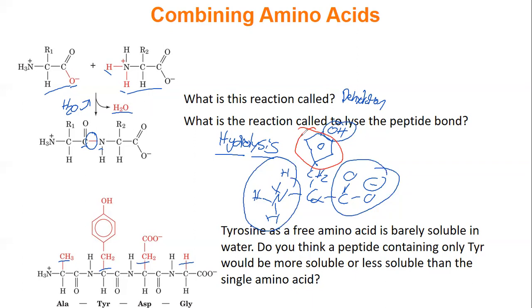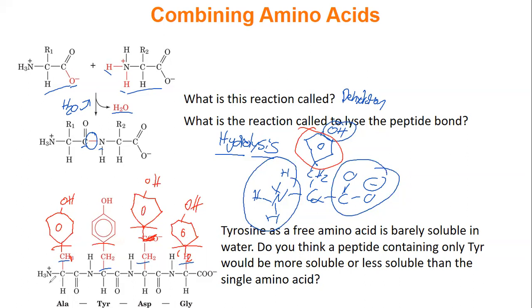So what happens as you add more and more tyrosine, and I'll draw it down here. As you add more tyrosines, sorry for my awful drawings, you are adding a lot of more or less benzene rings.